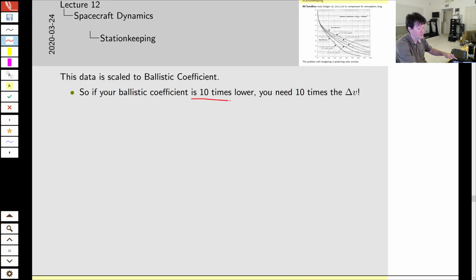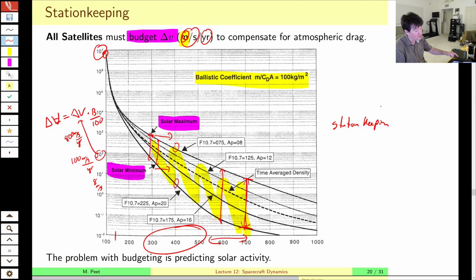So again, if your ballistic coefficient is actually 10 times lower than the listed value, then you need 10 times the delta V. So these are for relatively heavy spacecraft. If you have a CubeSat, CubeSats need more delta V, but they typically don't have it.